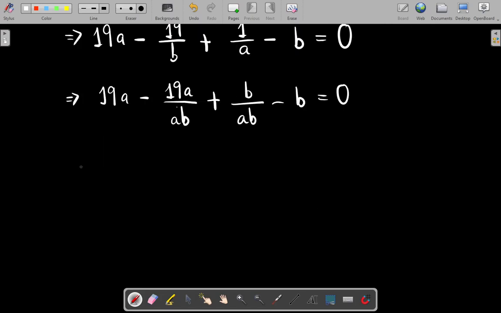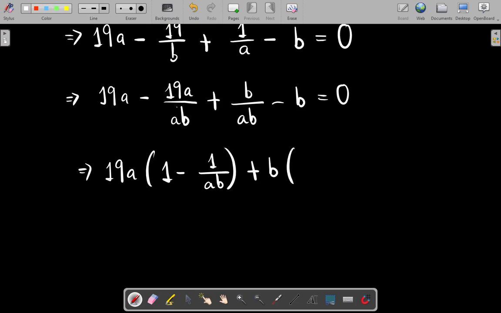From the first two terms I can take 19a common, leaving 1 - 1/ab. In the last two terms, b can be taken common, leaving 1/ab - 1.